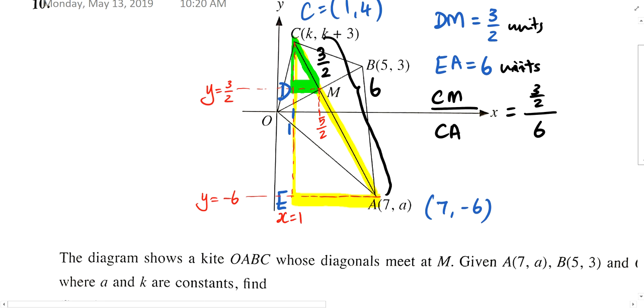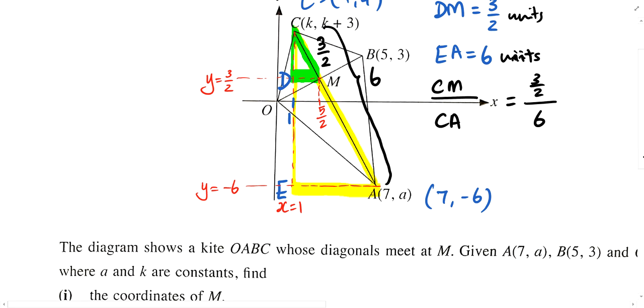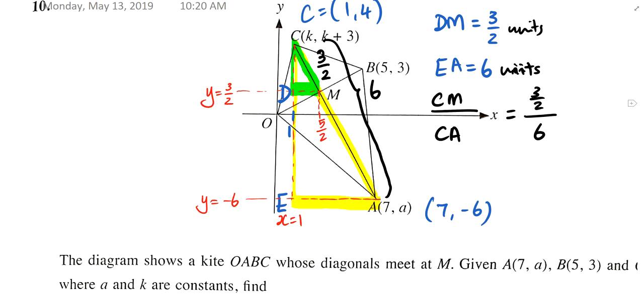AC to MC. I've got AC already. AC to MC, MC is the smaller one. So I can just invert it easily. Let me zoom out.